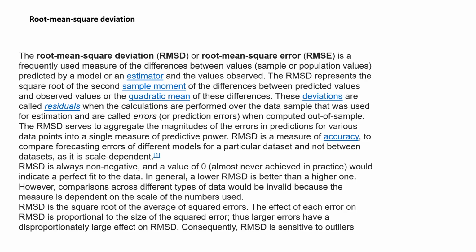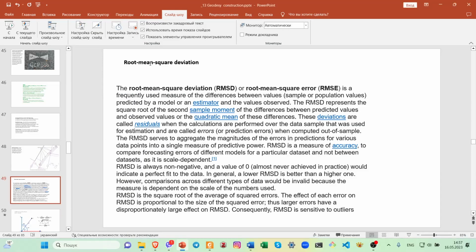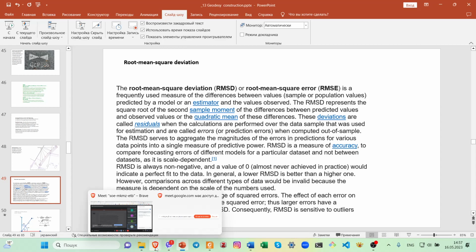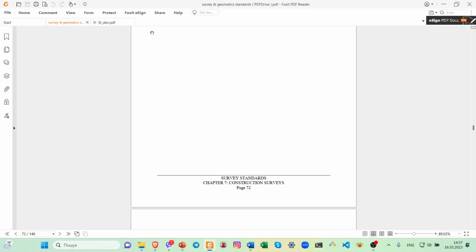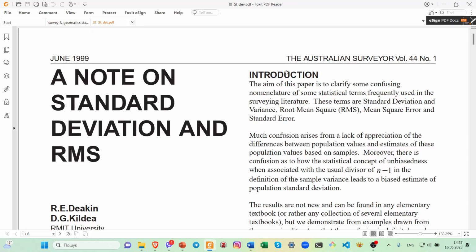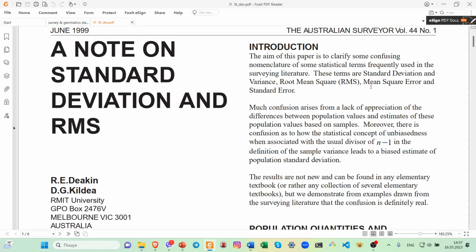Speaking about accuracy of the work, we should remember the root mean square deviation. And I will share with you the file that explains all the peculiarities of the terms standard deviation and RMS used in surveying.